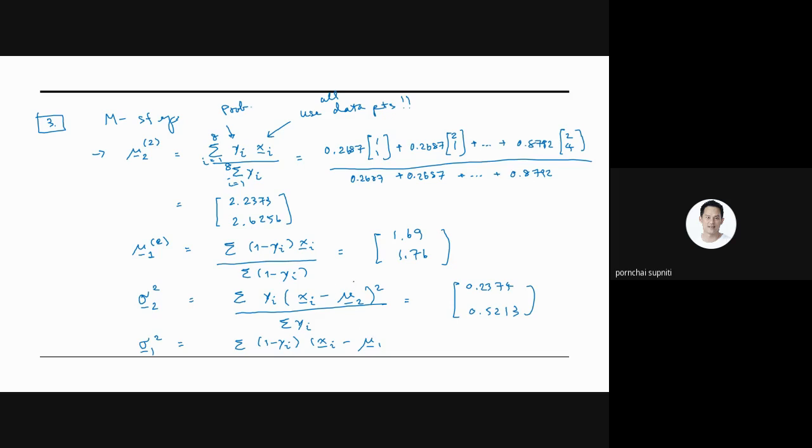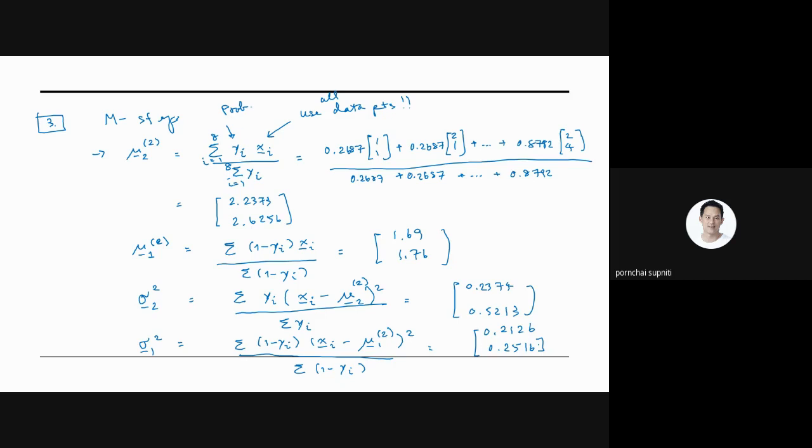Here I will use mu2 and mu1 from the second iteration, so those are the updated values of the mean, and then divide by the summation of 1 minus gamma i, and so on. Just compute it out. And I get 0.2126, 0.2516. Okay. So this is step number 3.